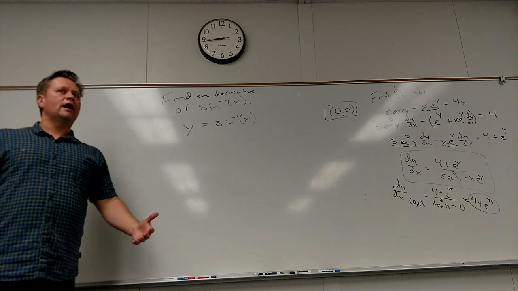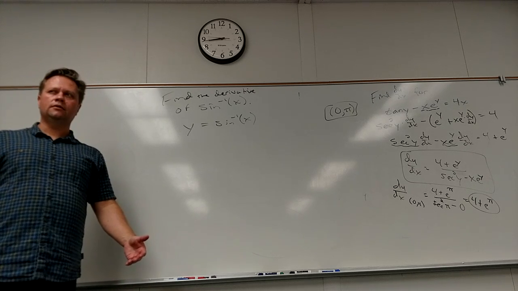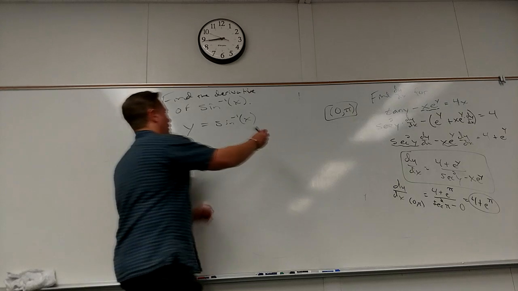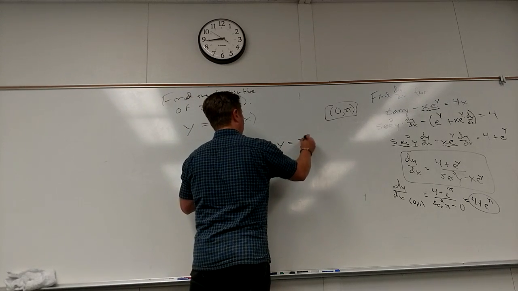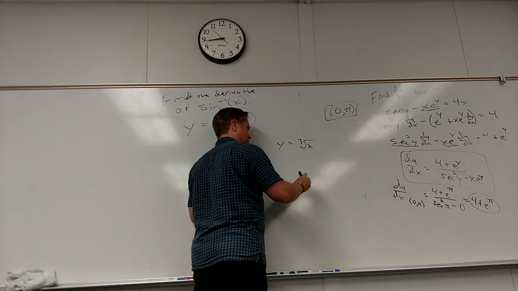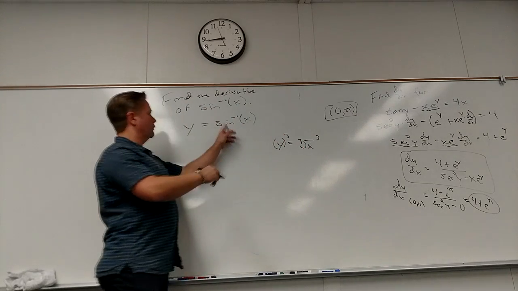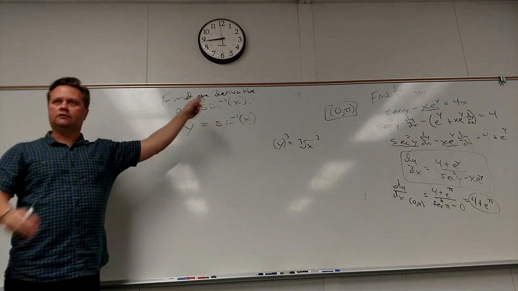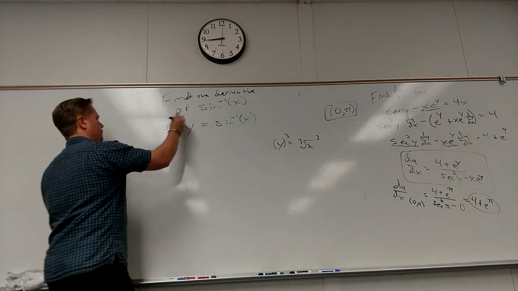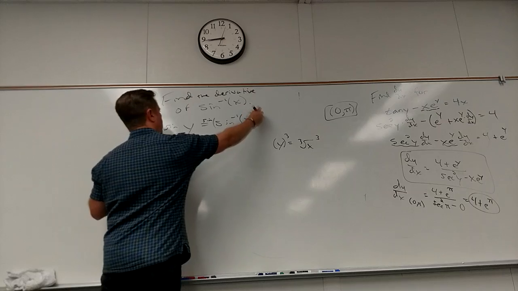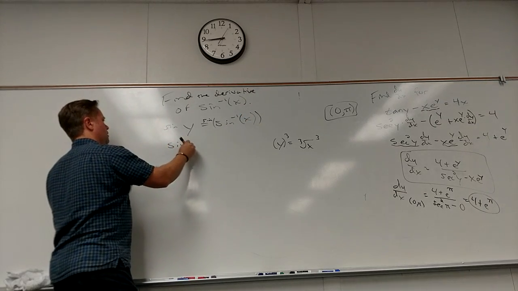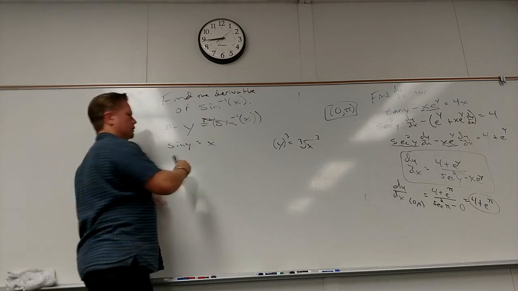Yeah, you take the sine of both sides, right? I mean, how would you solve y equals cube root of x? You apply the inverse function to both sides. So here, how would I solve for x? Take the sine of both sides. So here I get sine y equals x.